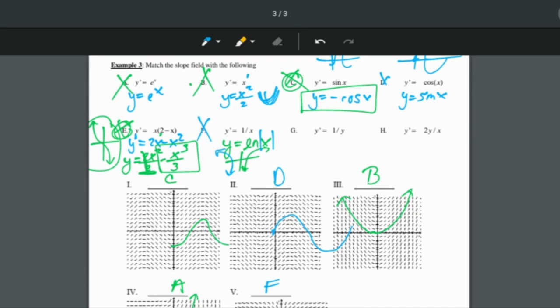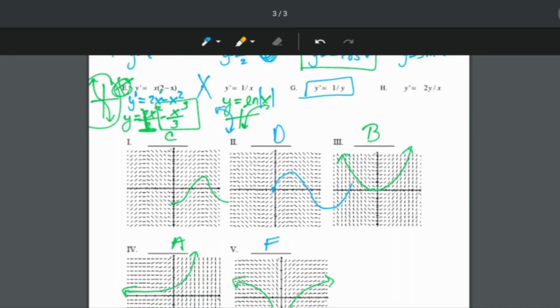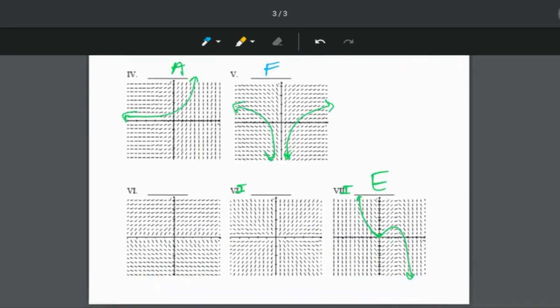Something to point out, since this one only involves y, all the points that have the same y value, or are at the same height, will have the same slope. So we can pick between the 2 remaining ones and think which one has the same slope with the same y value.